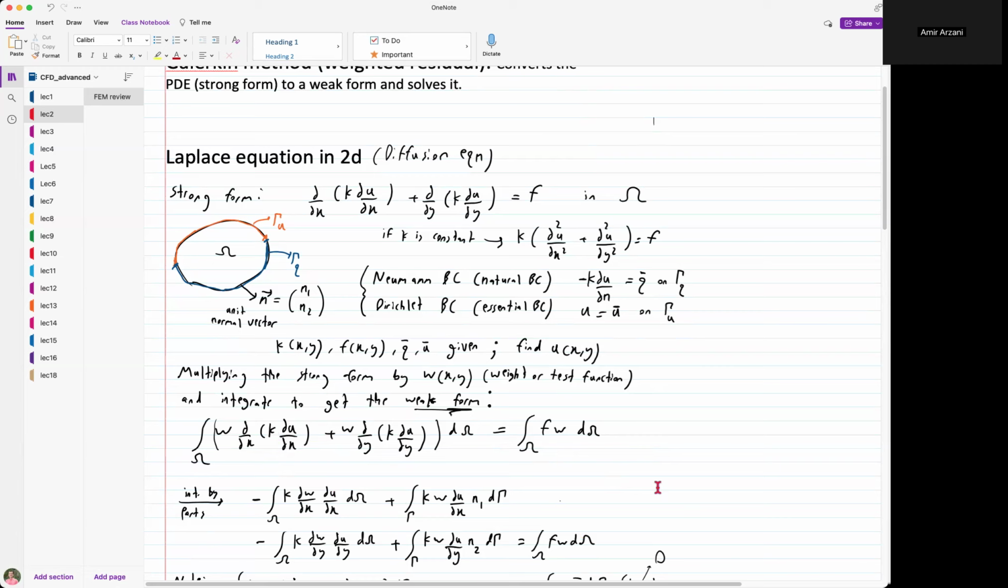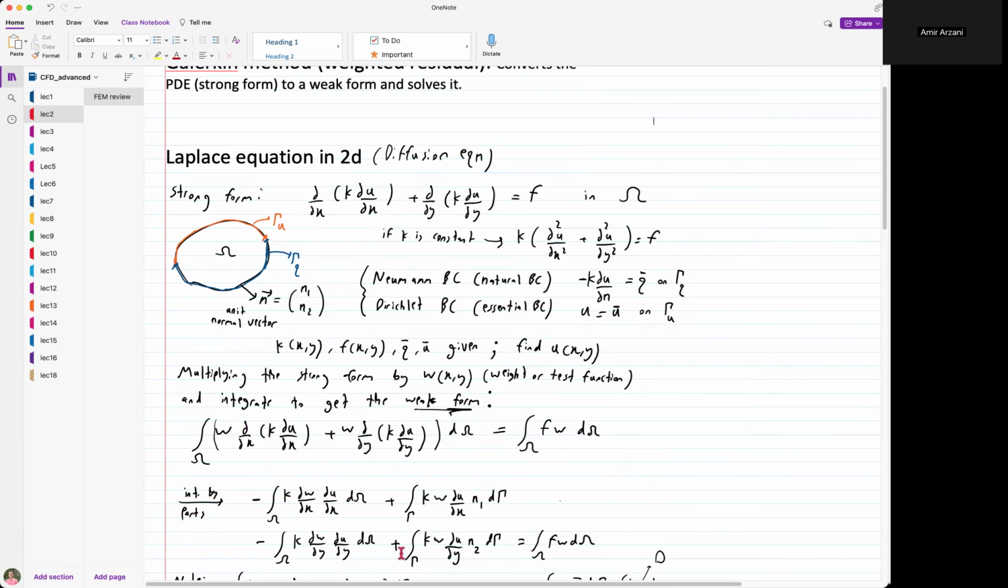And we all know that numerical calculation with higher order derivatives is more difficult and requires higher order approximations. So we're going to do integration by parts on this second derivative term to reduce the order of the derivatives to first derivative.